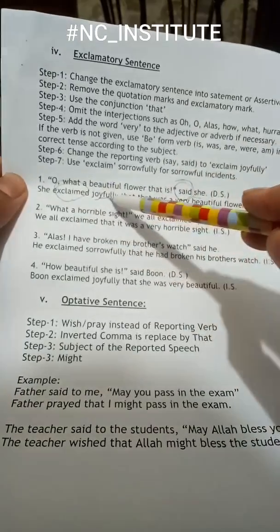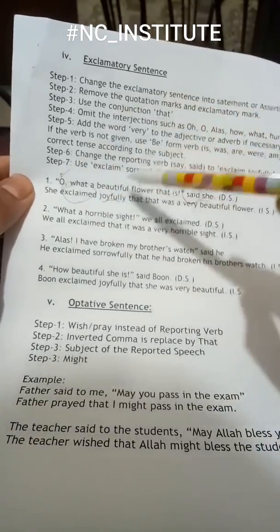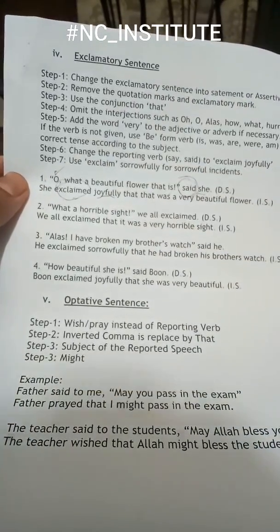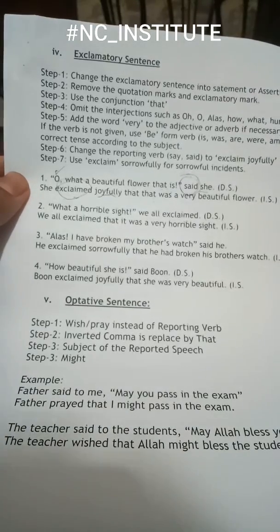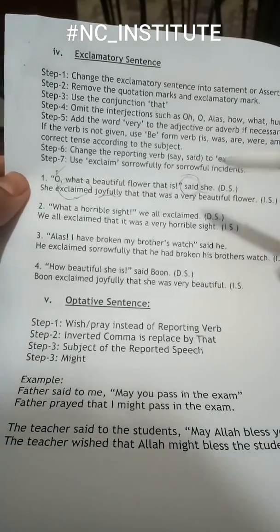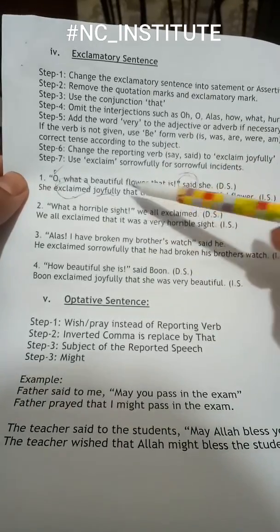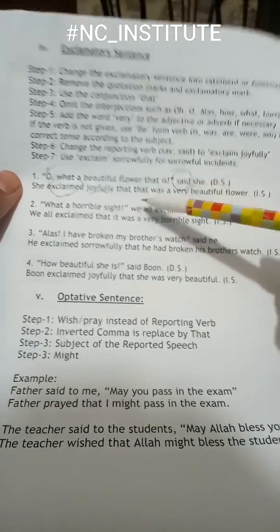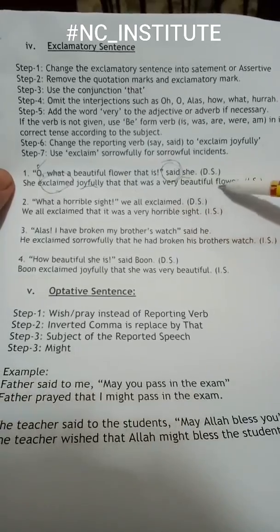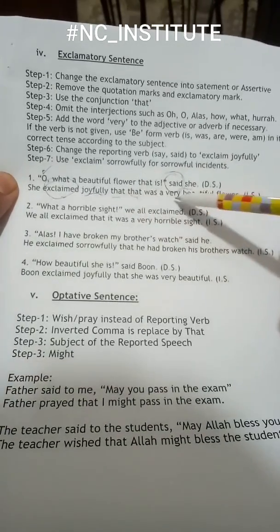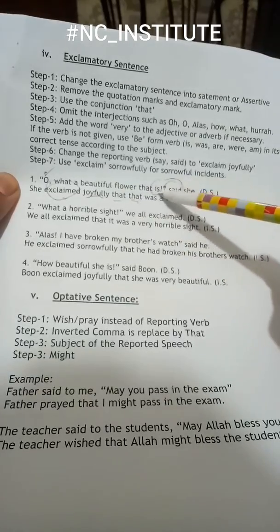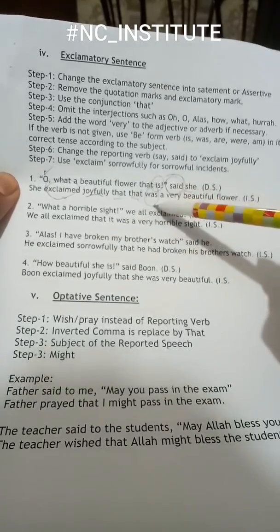She exclaimed joyfully because the expression oh refers to her happiness, her sudden feelings for something good. That's why she says, what a beautiful flower that is. That was a very beautiful flower. After that, the sentence structure is subject plus verb. So you can see is became was.